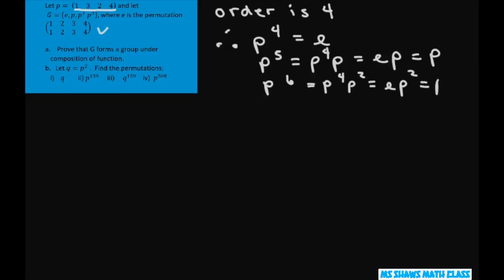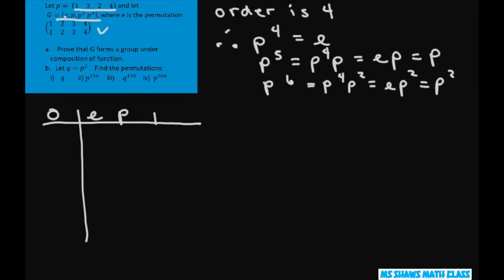So basically, let's do a Cayley table under composition of functions, and do our group here. So this is going to be E, P, P squared, and P cubed. And then write it again here, E, P, P squared, P cubed.